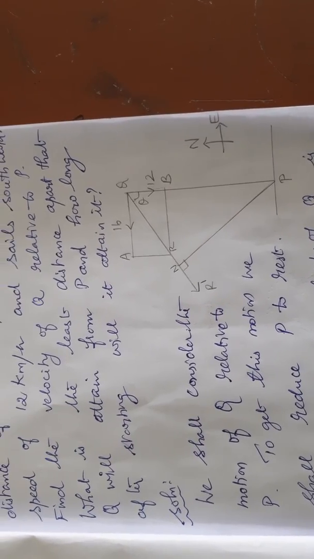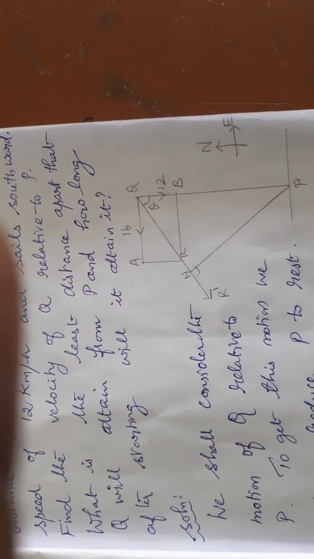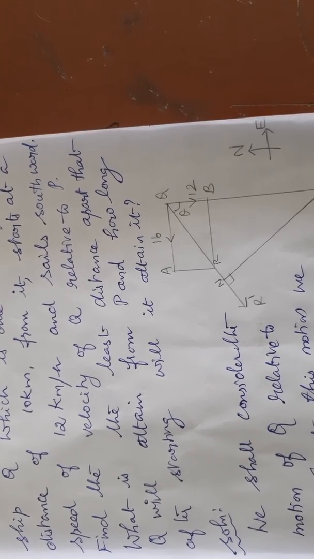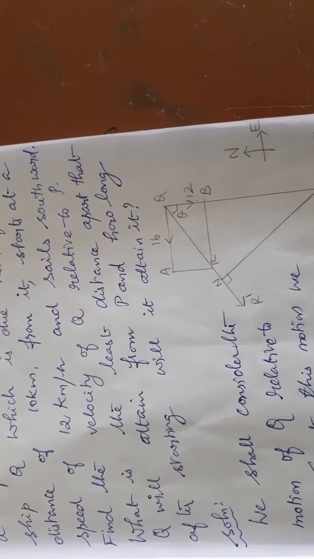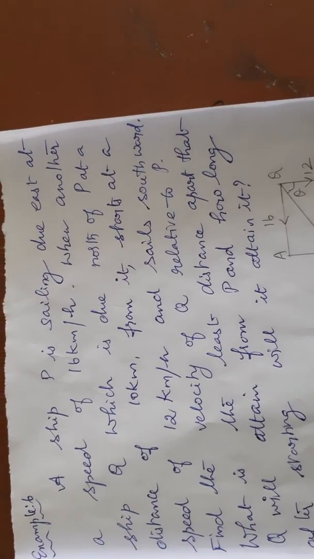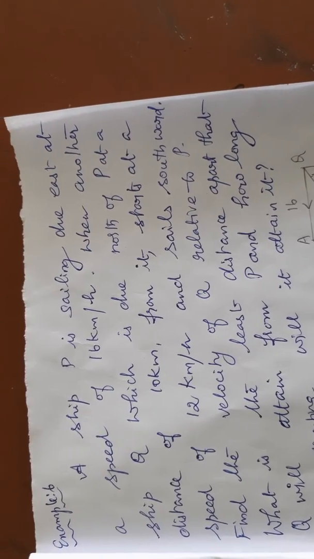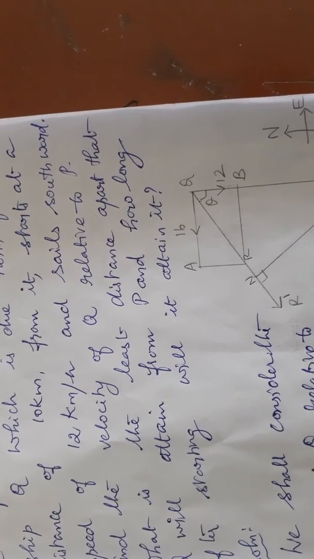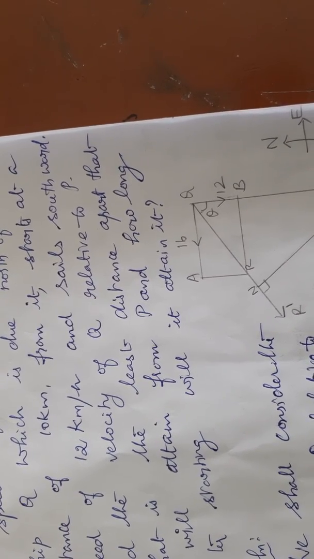In your diagram, QB represents the velocity of the ship Q and QA represents the reversed velocity of the ship P. Since we are going to consider both the velocities at a single point, the original velocity given for the ship P is 16 km per hour eastwards, but we are considering the reverse velocity, so the direction given in your diagram is QA, which is towards the western direction.